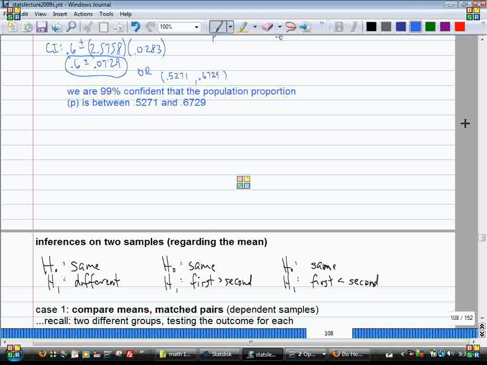And then in each pair, the first person is in group 1 and the second person is in group 2. So remember, the idea for this was that you want to make your sample for group 1 and your sample for group 2 as similar as possible. So the idea is that you go person by person and pair them up. The treatments are different, exactly. And so the idea is that the only thing that's different is the treatment.